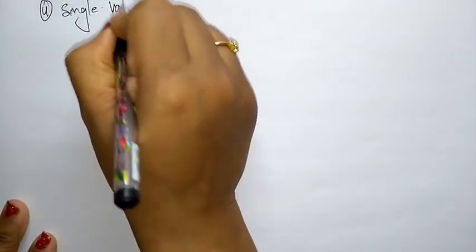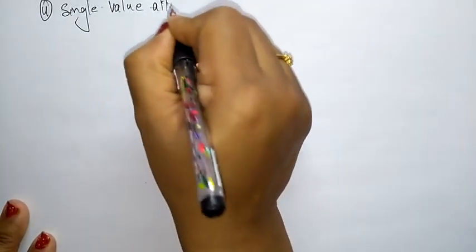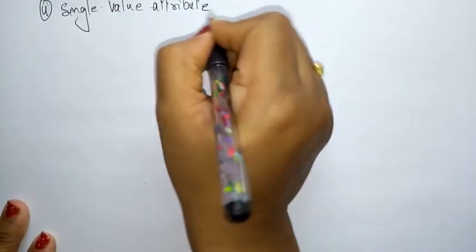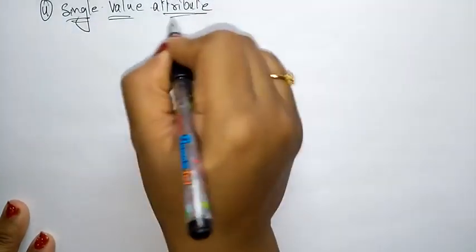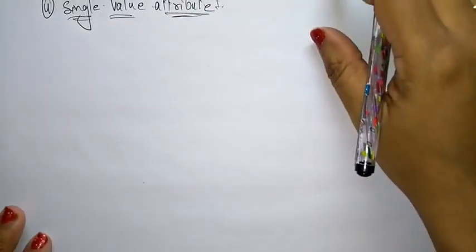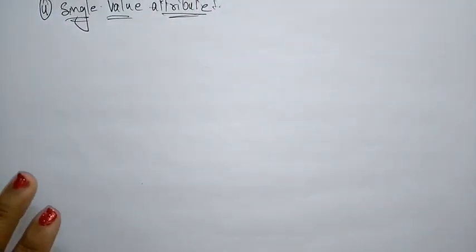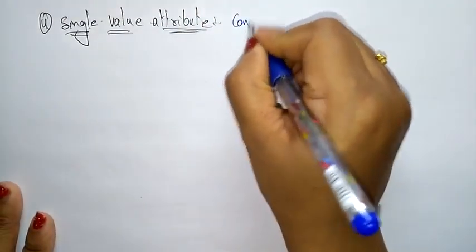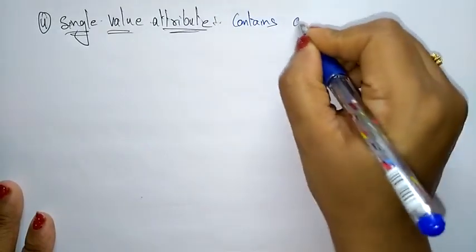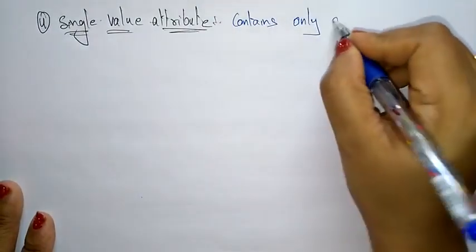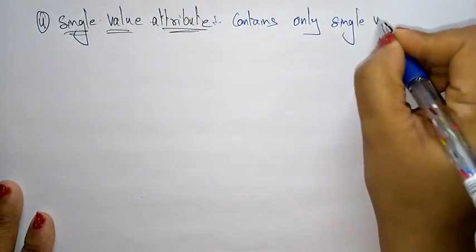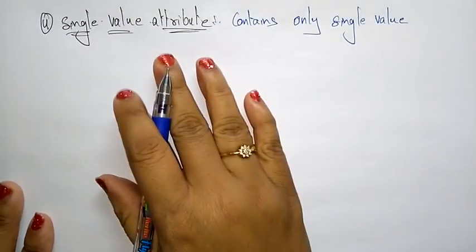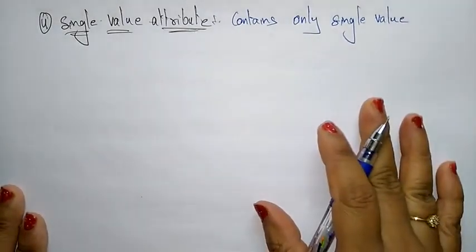Single value attribute. It's just like a simple attribute, but simple means only atomic values will be there, whereas a single value attribute contains only one value; multiple values will not be stored in this attribute, only a single value will be stored.